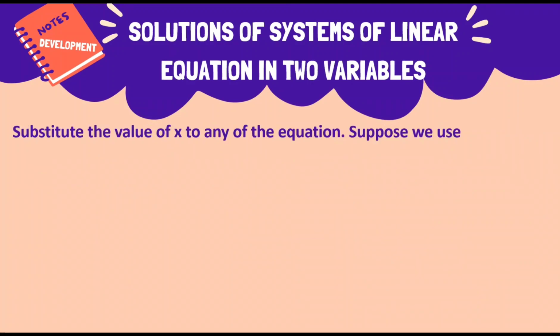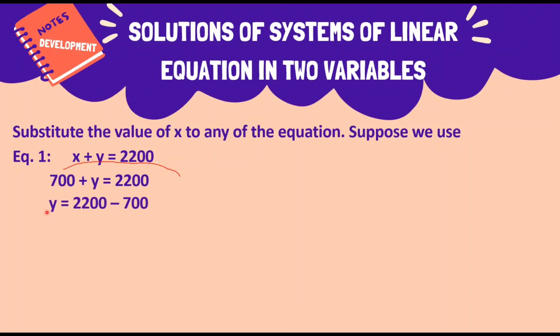So, in order for us to find the value of y, we need to substitute the value of x to any of the equations. So, suppose we use equation 1, which is x plus y is equal to 2,200. Ano nga ulit ang value ng x? Okay, very good. We have 700. So, let us substitute. 700 plus y is equal to 2,200. So, let us combine like terms. Ating uling i-transpose si 700 to the other side of the equation.